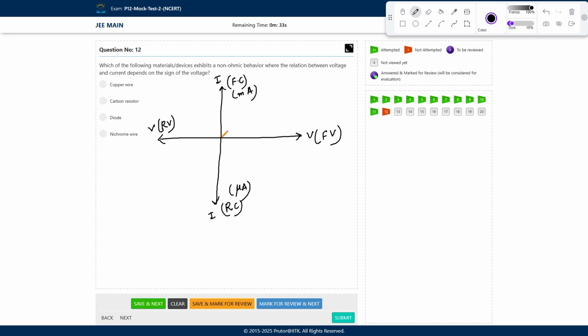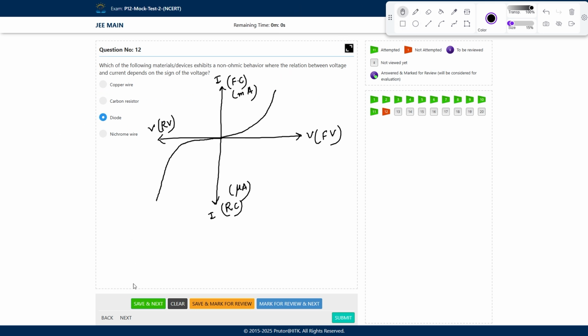So this is their characteristic, and in reverse direction this is shown as this. Their behavior changes when we reverse the sign of voltage. Here the current is very small, in the amount of microampere, while in this direction current will be in the milliampere.